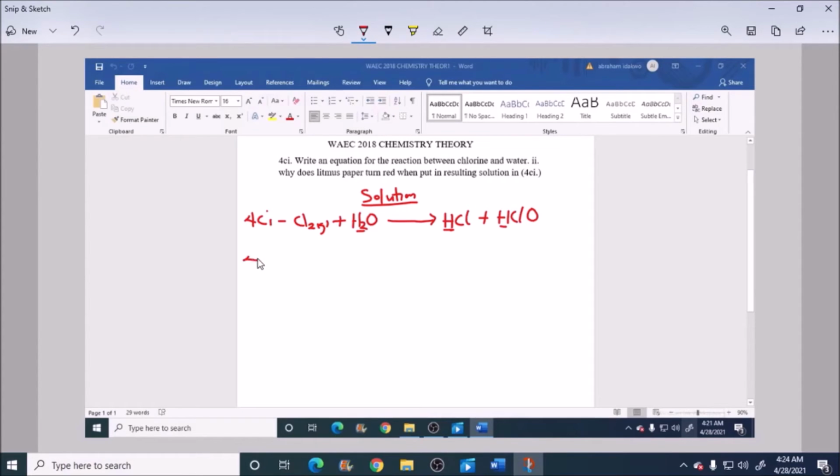Then 4C Roman figure 2. It says, why does litmus paper turn red when put in the resulting solution?